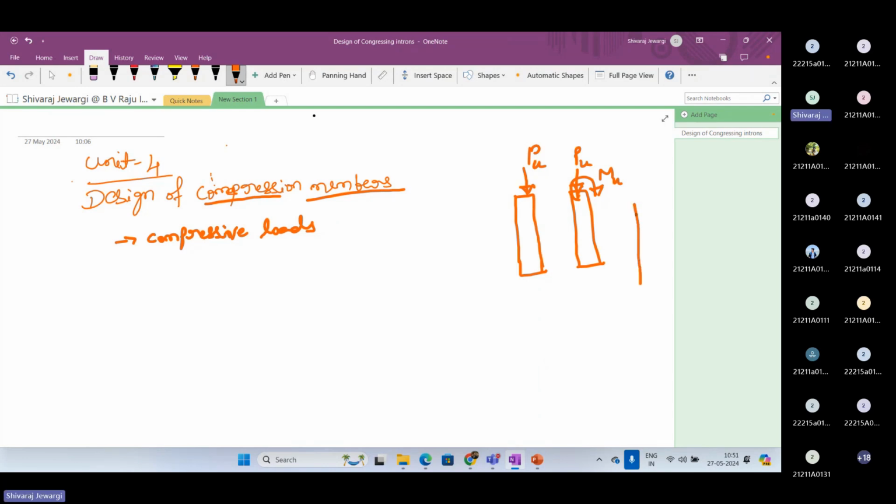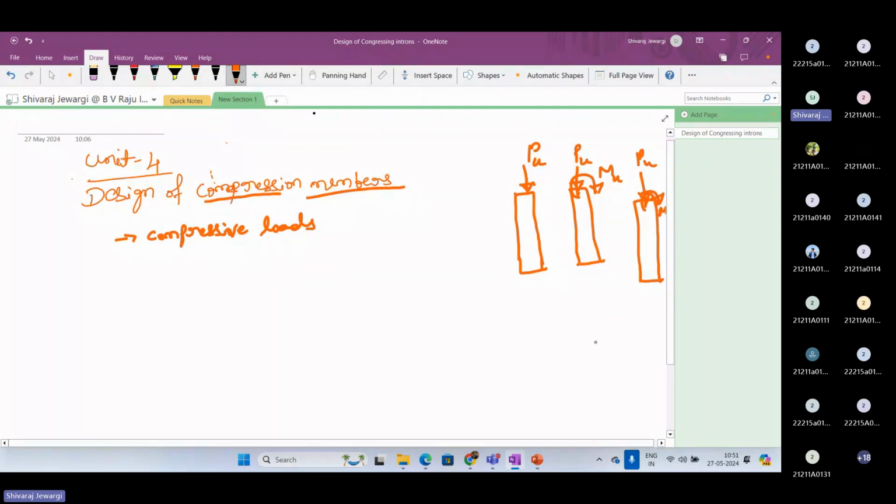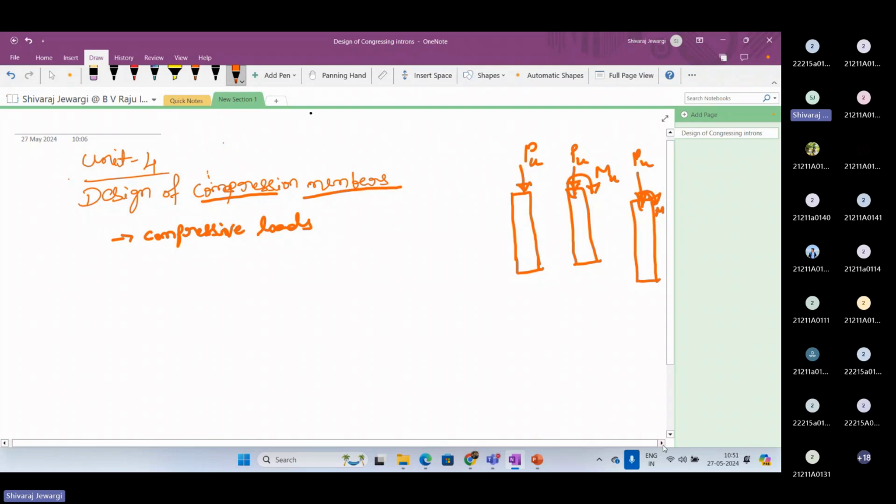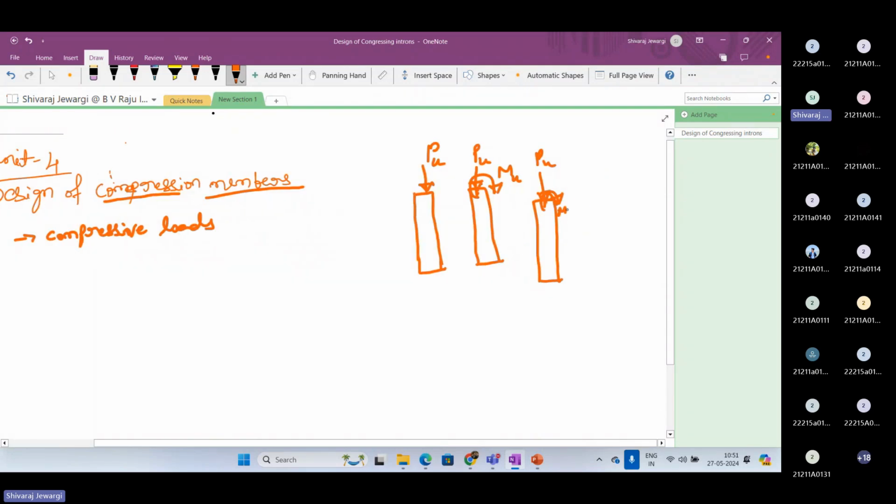Column with axial load plus biaxial bending. Say this is one moment along the x-axis, Mux, and one more like this in the other axis, that is Muy.